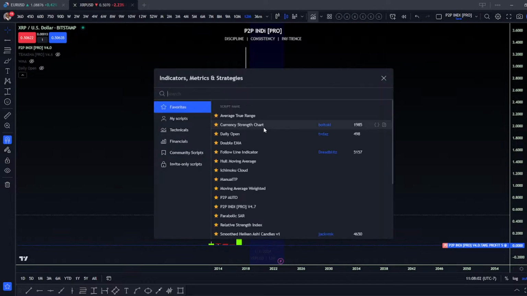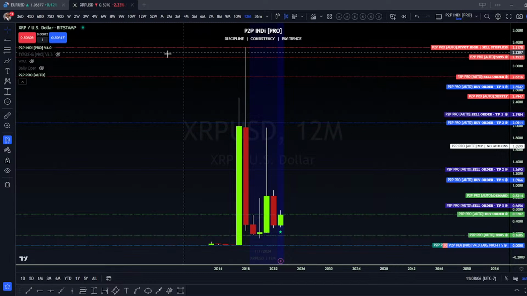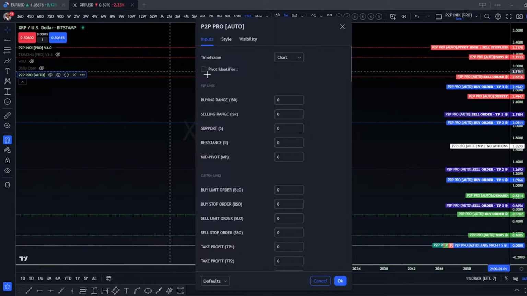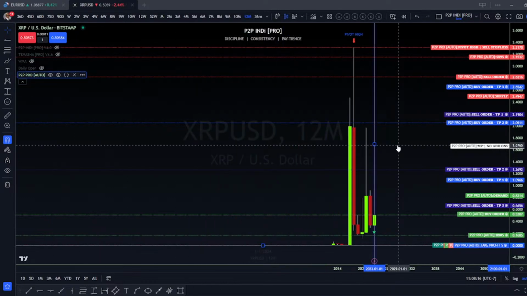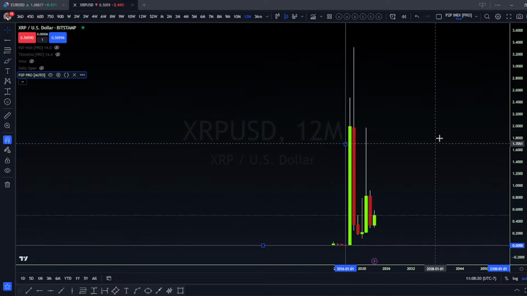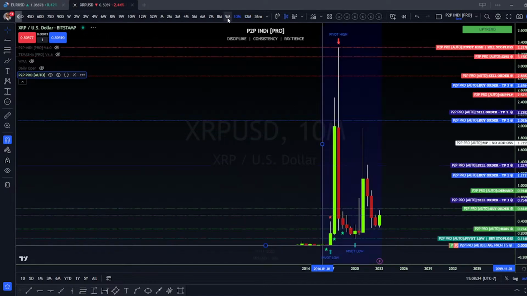Hit the wrong button. All right, so go here, chart, perfect, pivot identifiers on, turn this one off. Awesome. Let's see if we can find you some money on XRP, or find you an opportunity, let's say it that way.